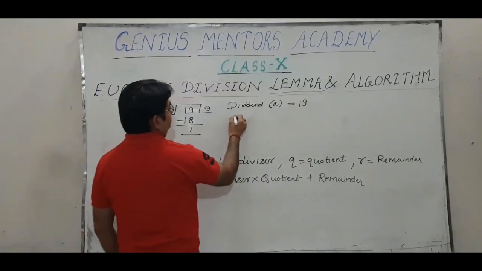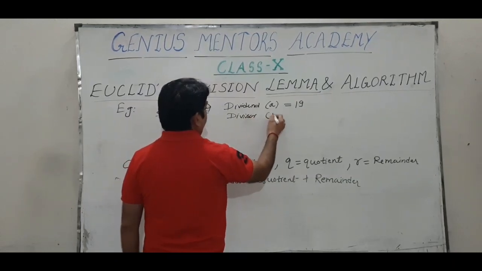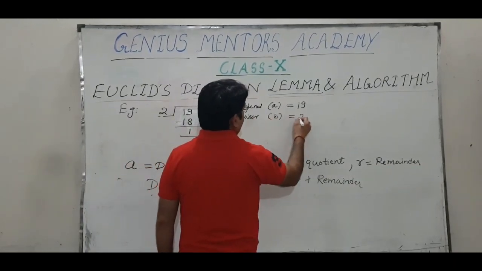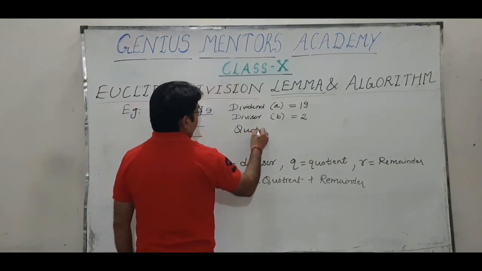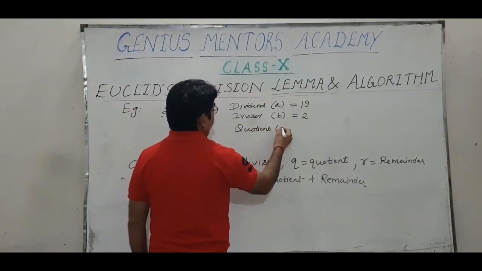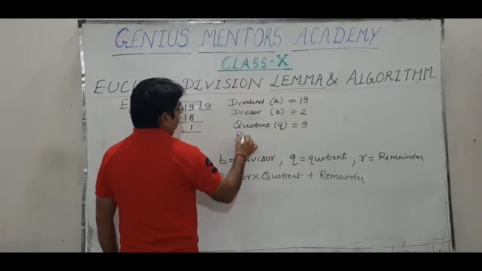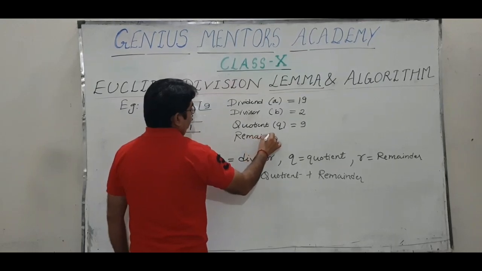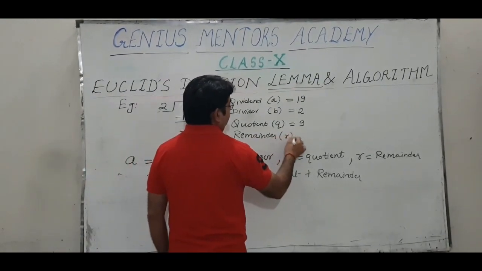Divisor is 2, that is b. Quotient q is 9. And remainder, this r is 1.